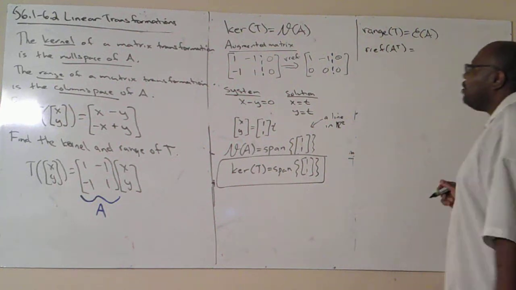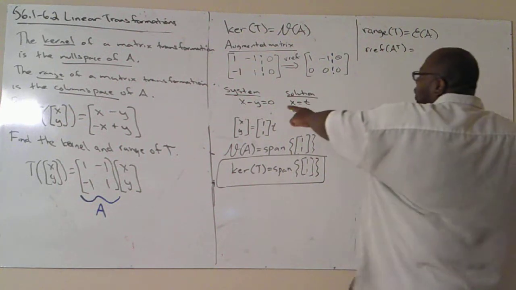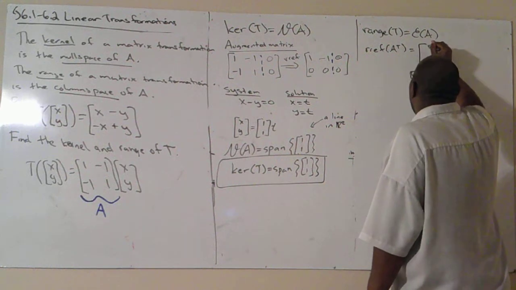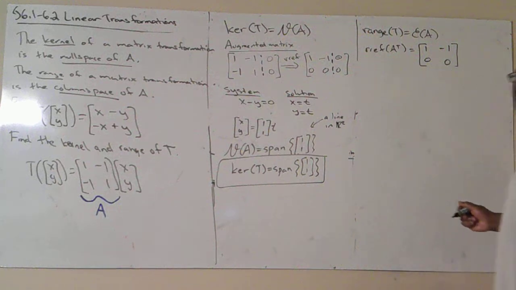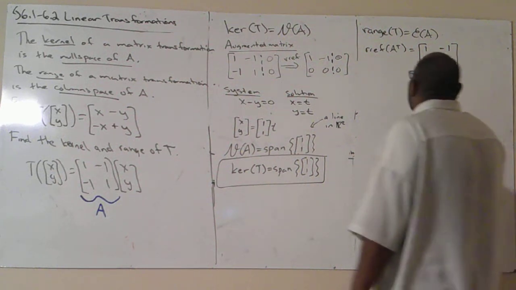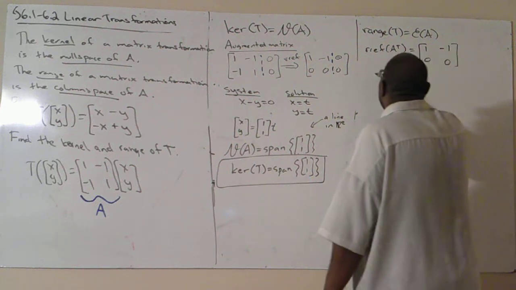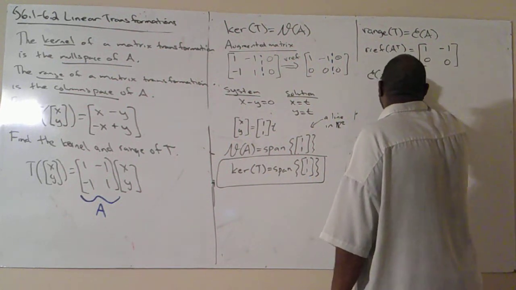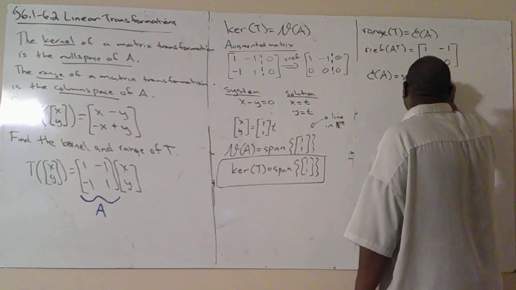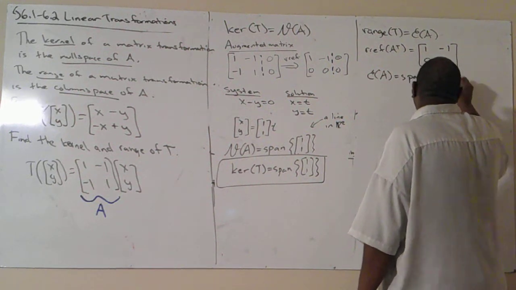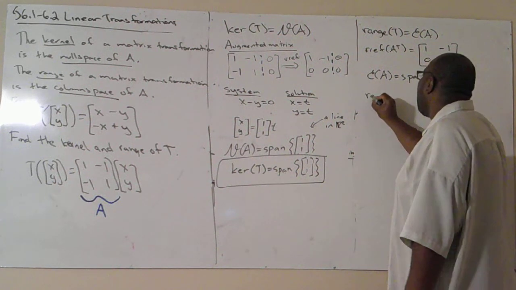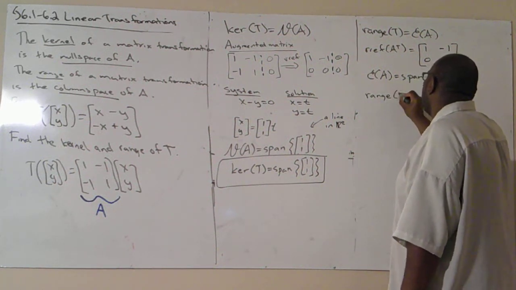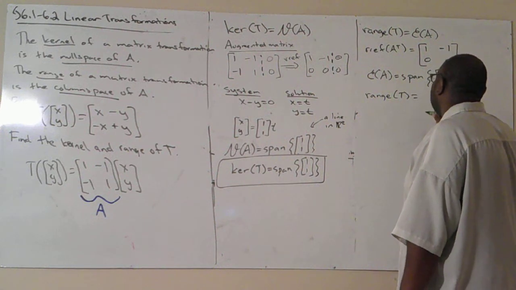Well, the reduced row echelon form of A transpose is actually going to be 1, -1, 0, 0. And then I take my only non-zero row, so my column space of A is equal to the span of 1, -1. So my range of T is going to be all multiples of 1, -1.